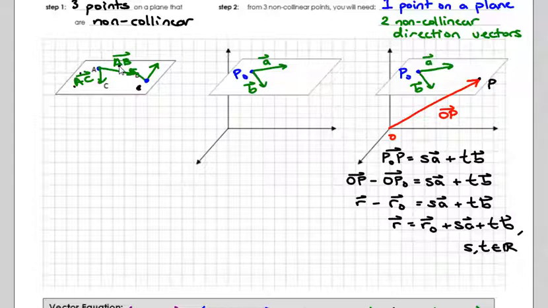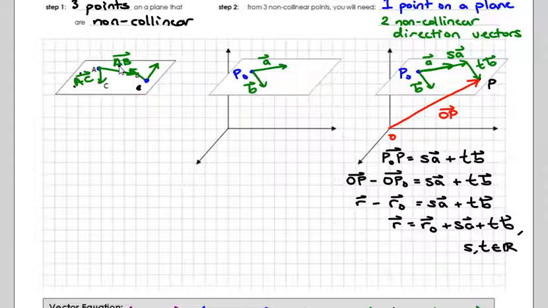And we do that by extending your A, so some scalar multiple of your vector A, plus, I'm going to write B here instead because that's an equivalent vector, but it's a scalar of B. And notice that my scalars, I'll also call them my parameters, are different letters because we don't know that A was extended the same amount as B was extended, so S and T are not the same.